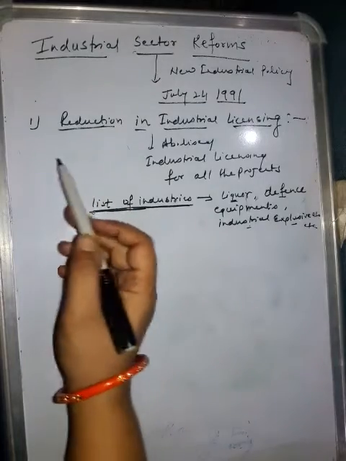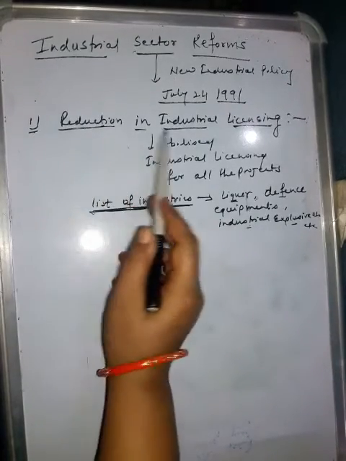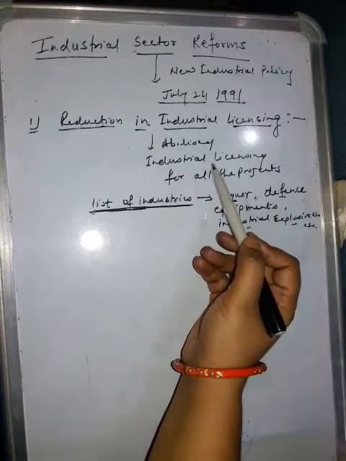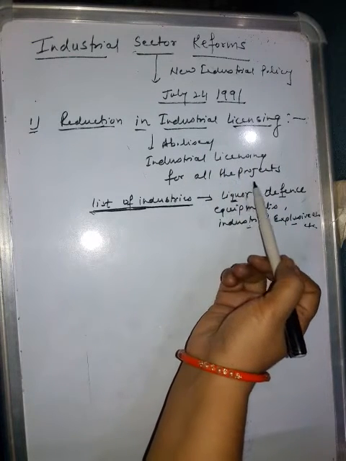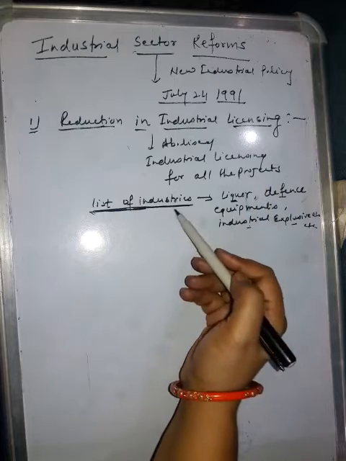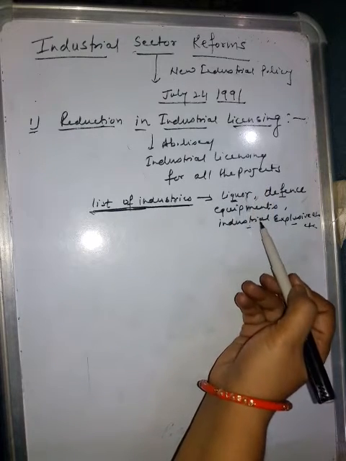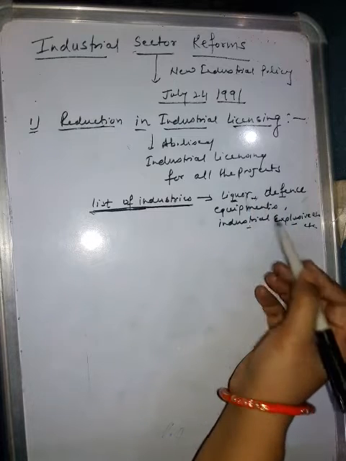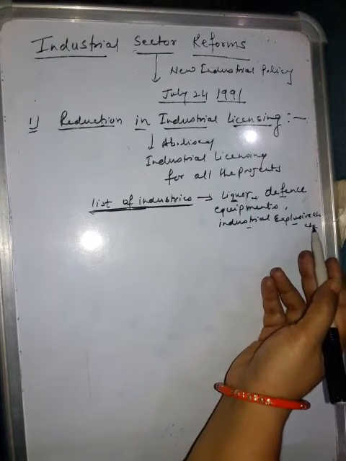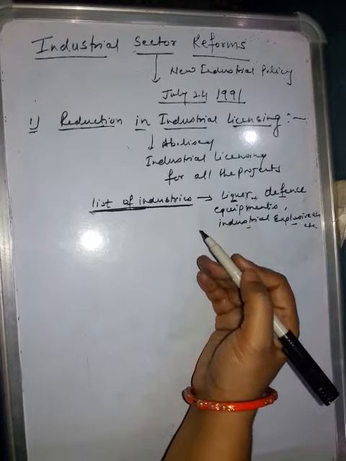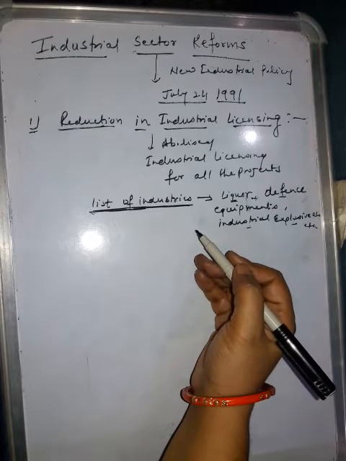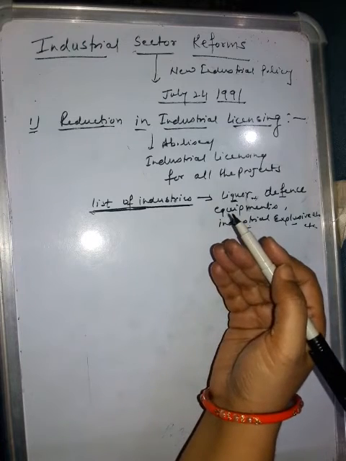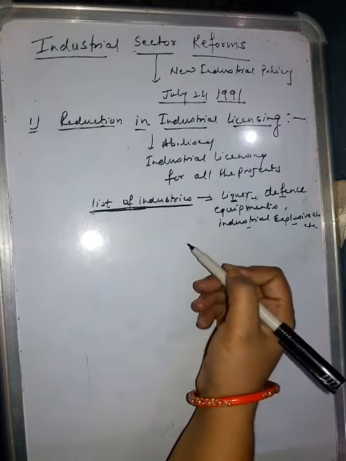So in the first reforms, reduction in industrial licensing, the government abolished industrial licensing for all the projects except a few industries like liquor, defense equipment, and industrial explosive.